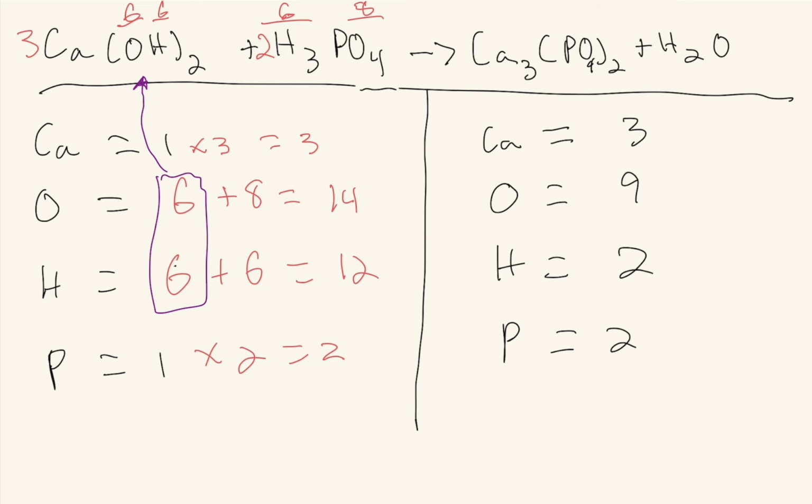Now on the right side, looks like we're going to have to do some math as well. In order to change the oxygens and hydrogens, I would recommend starting with the hydrogens first, because there's an H2O over here, which affects both hydrogens and oxygen. So we're going to do 6 H2O in order to get this hydrogen up to 12, and that'll make 6 O's over here, because we also have O over here.